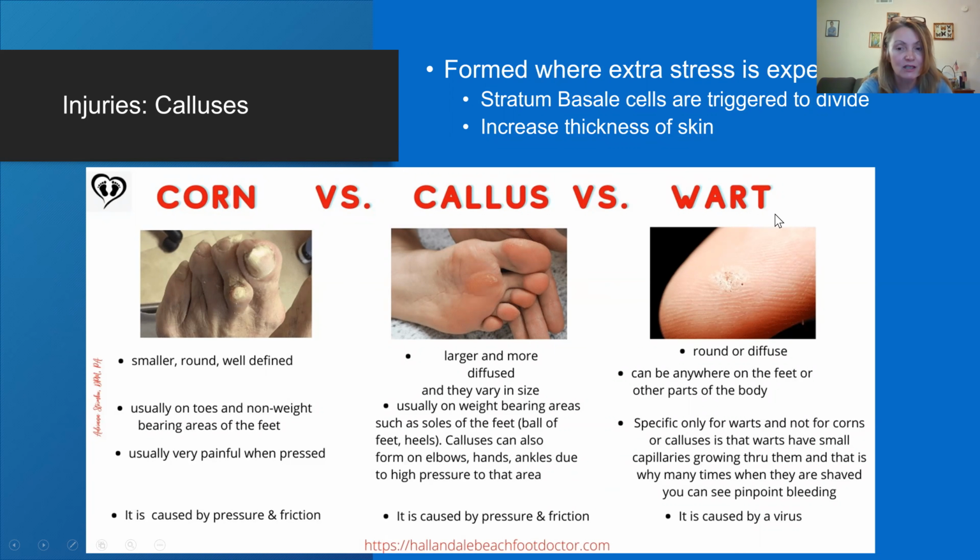And the wart is caused by a virus. So it's also round and diffuse, and you can also see little capillaries growing if you have a wart. Of course, the cause is very different. That's a virus.